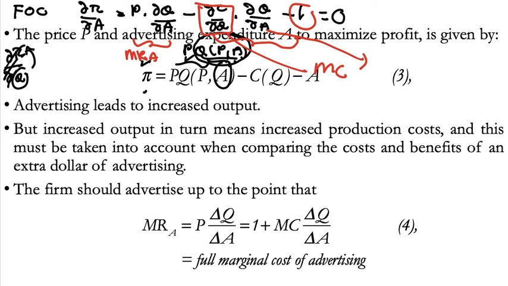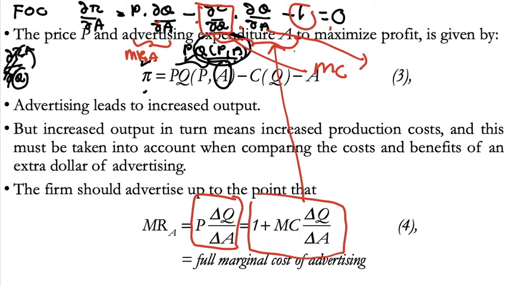All right, and then you can rewrite it this way because this is 0. That means marginal revenue equals marginal cost, isn't it? Marginal revenue minus full marginal cost of advertising equals 0. That means marginal revenue equals full marginal cost of advertising. This one is the marginal revenue of advertising. This one is the full marginal cost of advertising, which is this, isn't it?